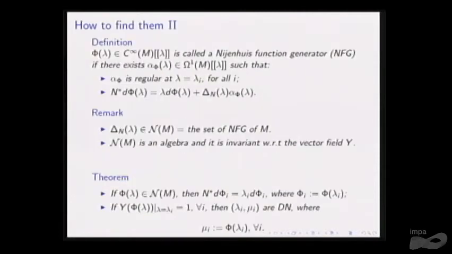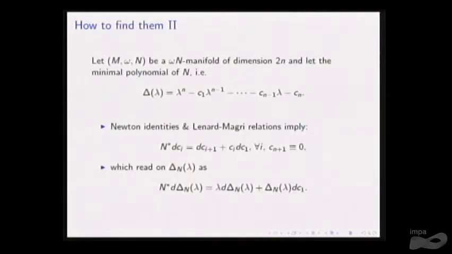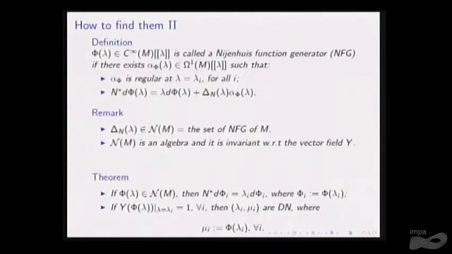Okay, so for what is possible to prove in the case of delta_N, it is reasonable to give this definition. We define phi(lambda), which is a smooth function on M that depends on a spectral parameter.